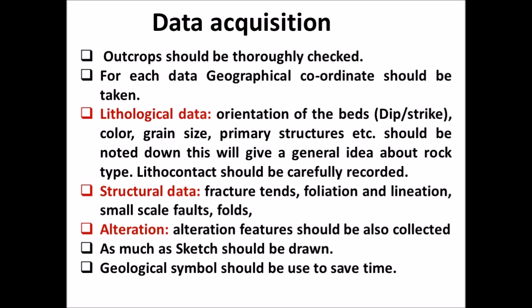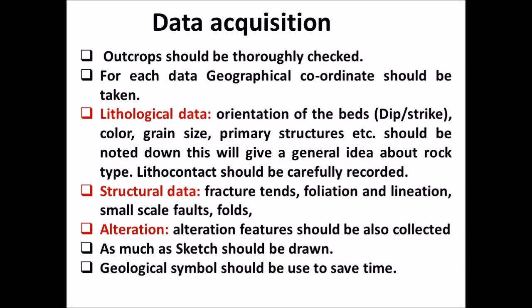Structural data should also be collected for the various outcrops, and this includes fractures, foliation, lineation, small scale faults and folds, etc. And alteration should also be noted down while checking the outcrops, and this basically tells whether some mineralization event has taken place or not.